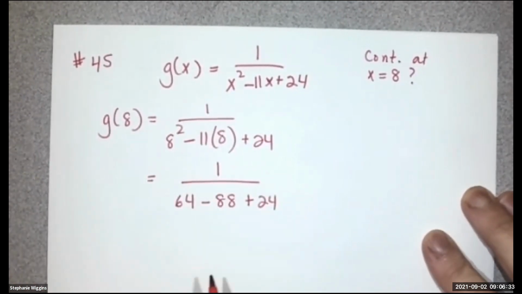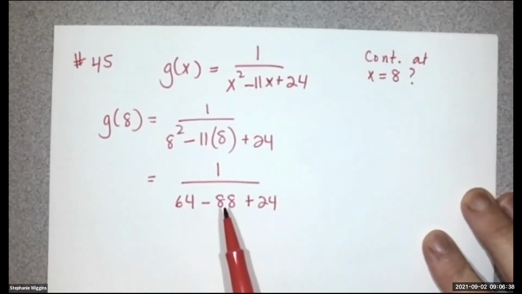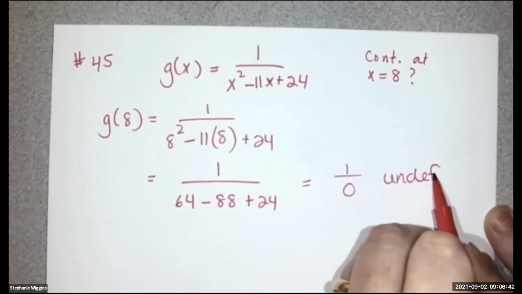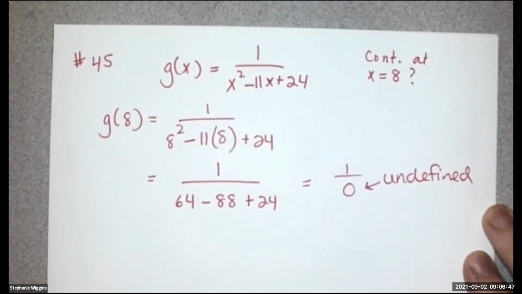And you can kind of see where this is going. 24 plus 64 is 88, minus 88, 1 over 0, that's undefined. You cannot divide by 0. So because the function value is undefined, it does not exist, and therefore it's not continuous. There's a hole there or a break, probably a break of some sort. So that's your first step. If you want to test for continuity, plug it in to the function. Okay.